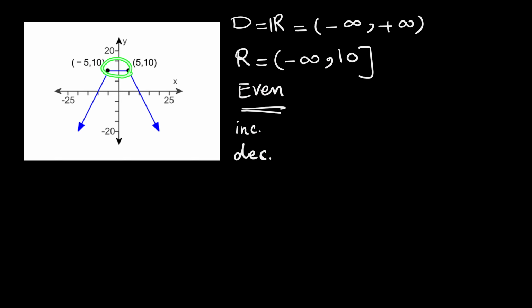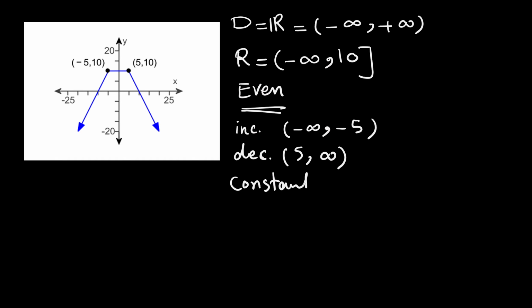And in this part, the graph of the function is constant because the y value here is 10, and then it's 10 till 5, 10. So the graph of the function is increasing in the interval from negative infinity to negative 5, and it's decreasing from 5 to positive infinity, and it's constant between negative 5 and positive 5.